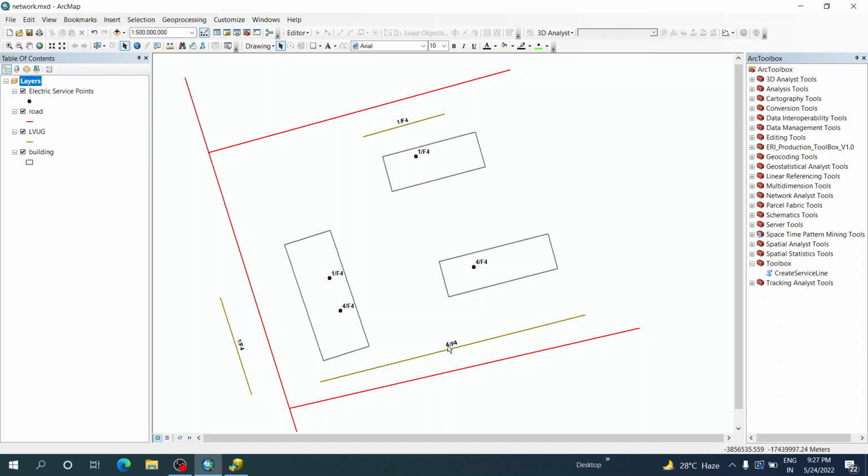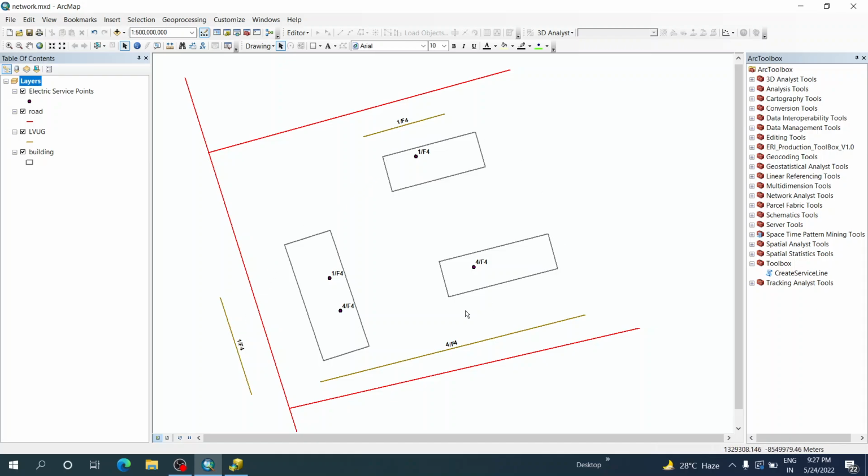The label shows the substation, so this line belongs to substation 1, feeder number 4. This feeder is feeder number 4 of substation number 1.